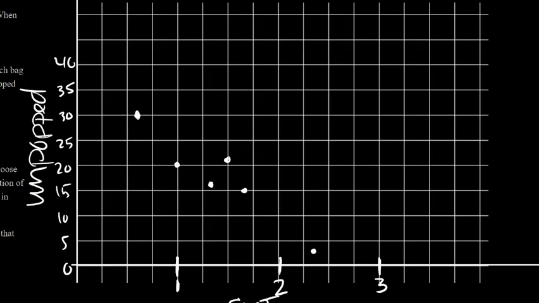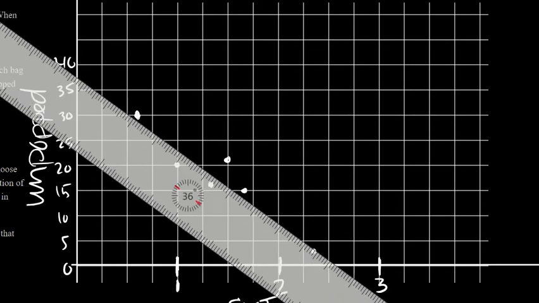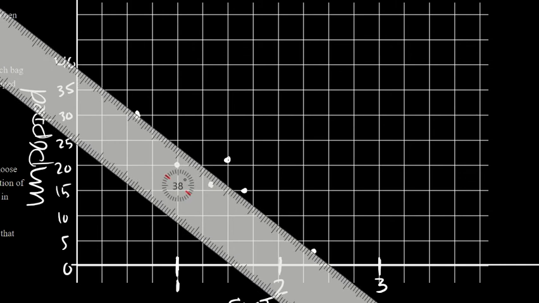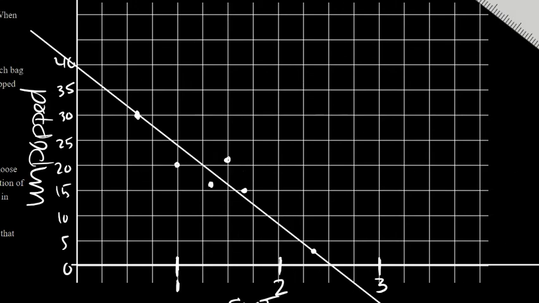So when I'm done, these are the points I have, and if I'm trying to approximate a line of fit, I can bring my ruler over here, and honestly, I'm going to actually use those 2 points. Your line of fit doesn't have to go through points that are in your data set. I just think those 2 are a legitimate descriptor of the data, so I'm just going to draw the line through them. And with that, I can use those XY points to figure out the equation of the line.